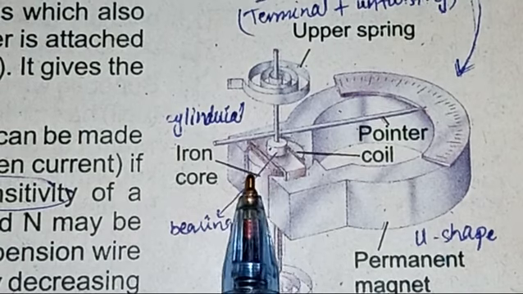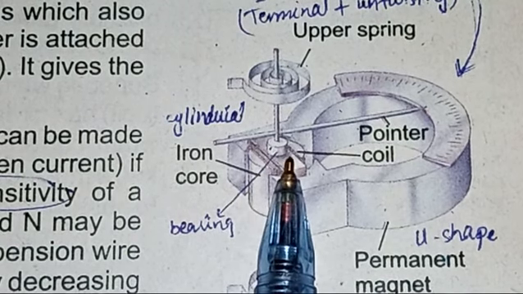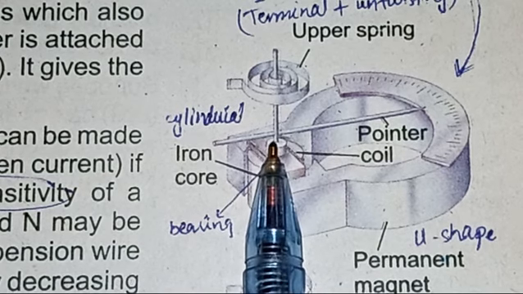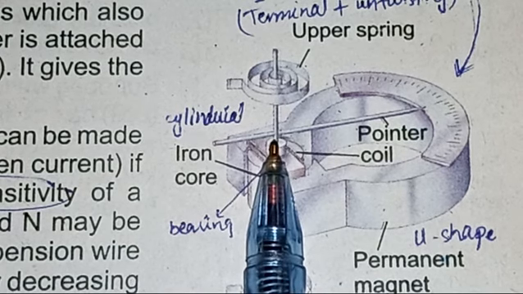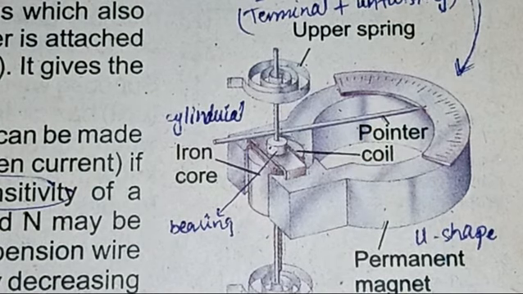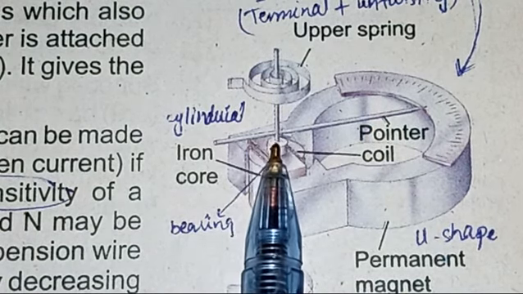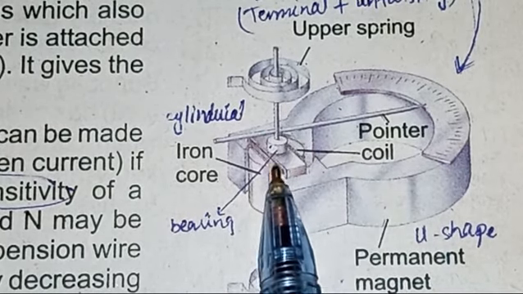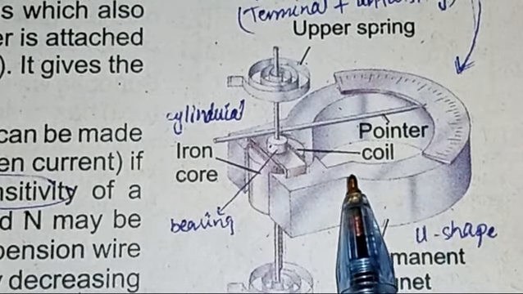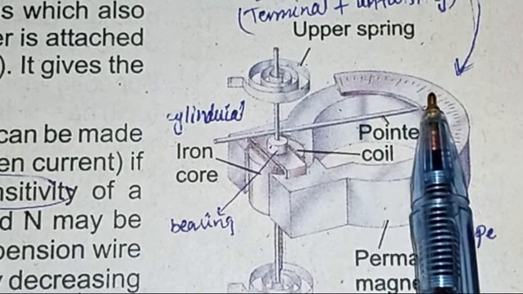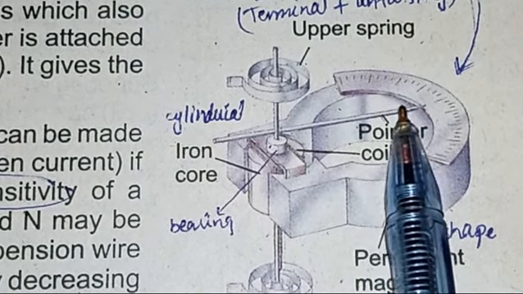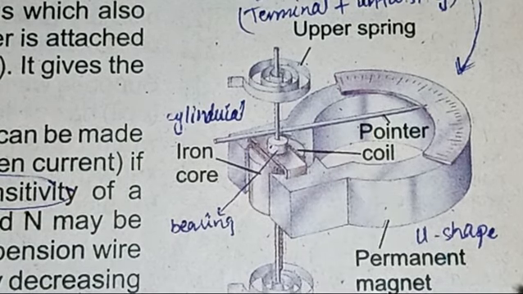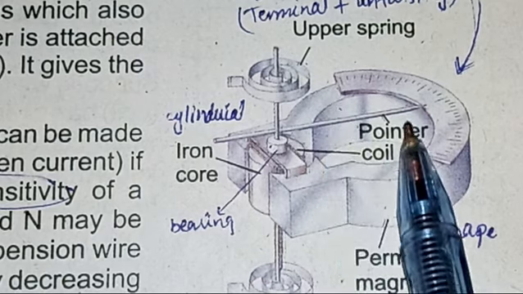So now, to increase the sensitivity of the galvanometer, we will increase the value of the magnetic field. Understand? So finally we can define the current sensitivity of a galvanometer as the current in microamperes required to produce 1 millimeter deflection on a scale placed 1 meter away from the mirror of the galvanometer. So this explains the sensitivity of the galvanometer.